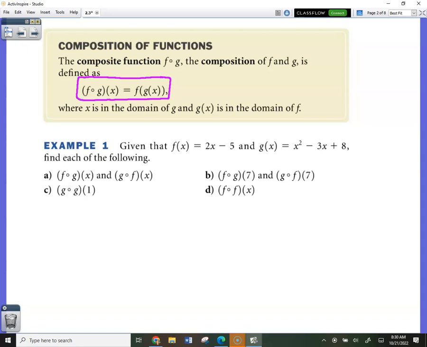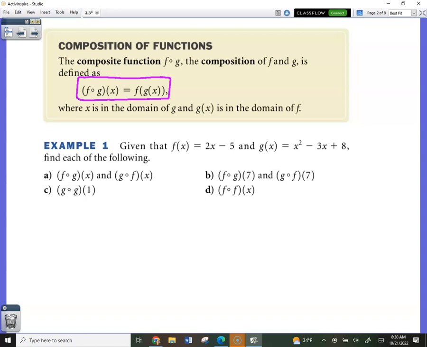It says f of g of x, which sounds repetitive, but it means that you're taking the innermost function g of x and you're substituting it into f. Here's another way to write it, where you literally see the function that is getting plugged in is on the inside. So g is getting plugged into f. So two ways to see it.